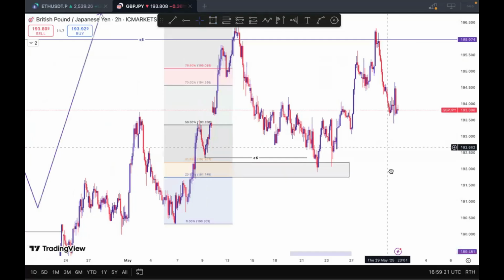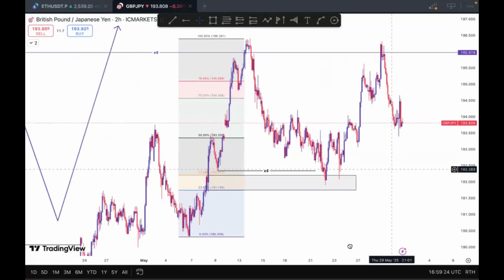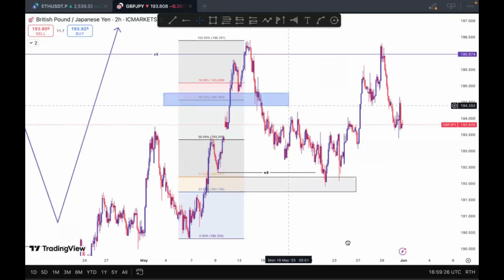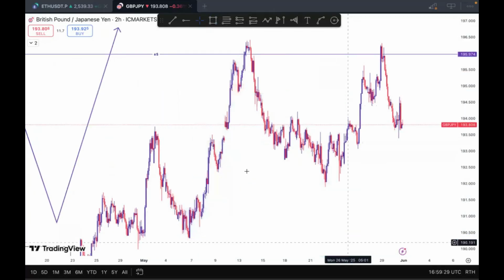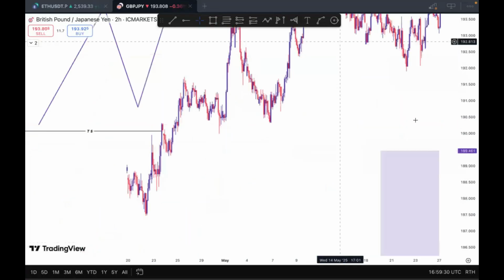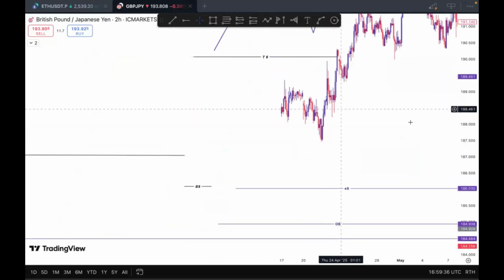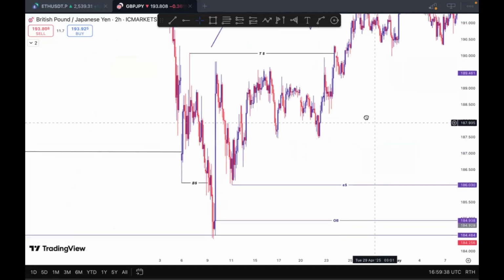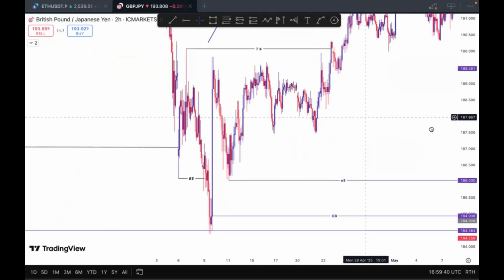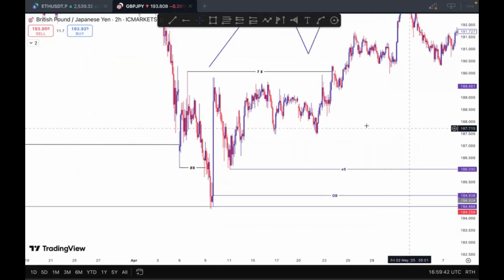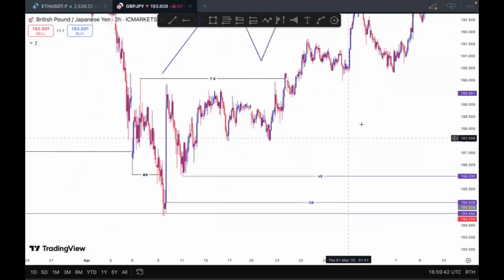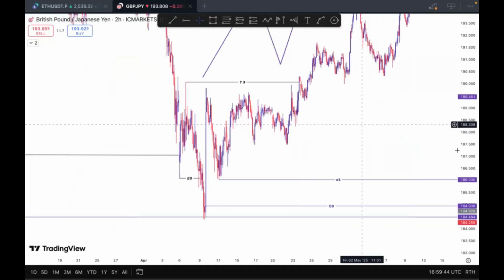Good. So another example, this same GJ. Another example. Can you see? Let's go to 3 hours.